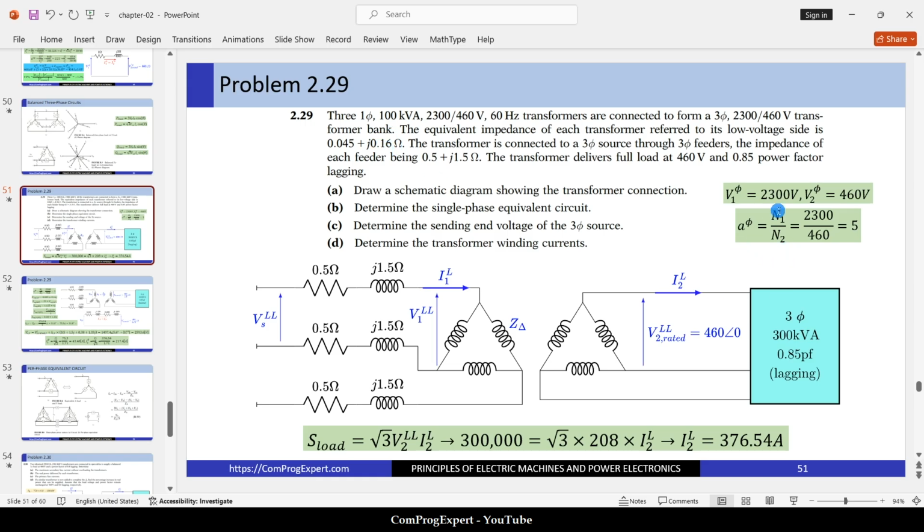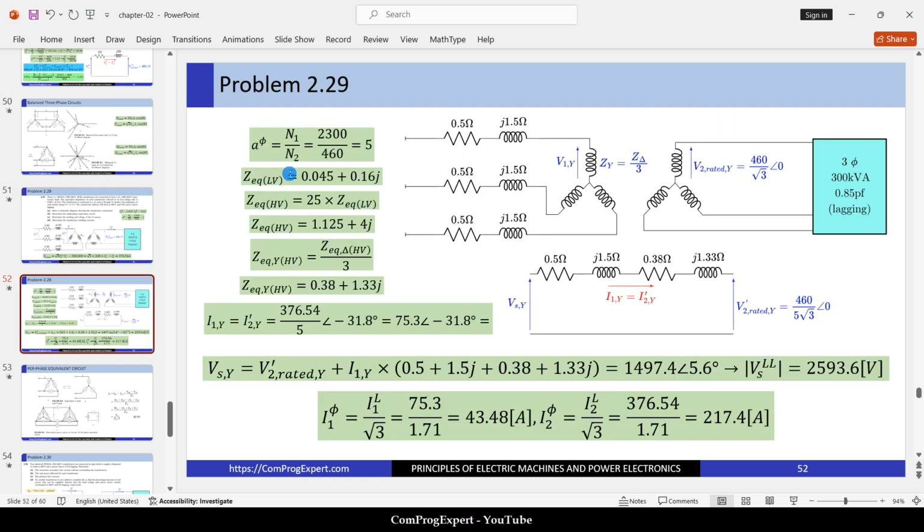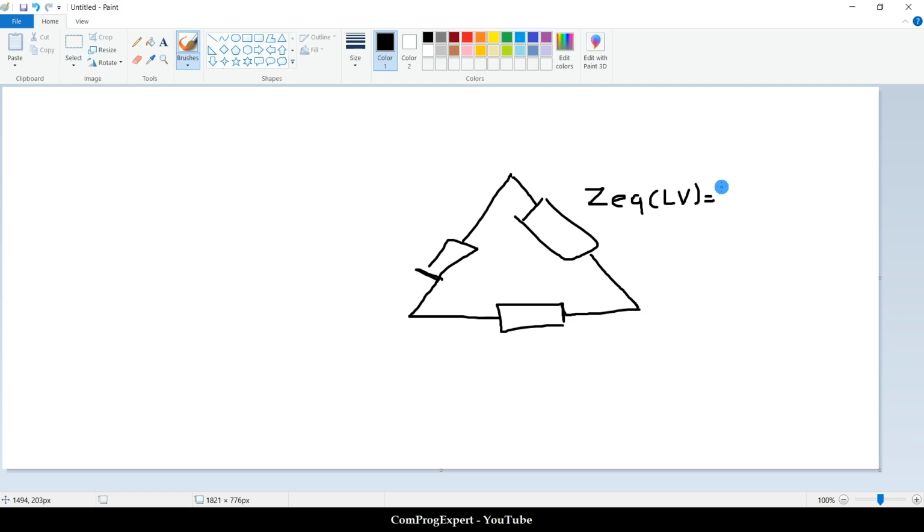This is the turns ratio for the single-phase transformers that we have, 2300 divided by 465, which is about 5, so the square is about 25. What is the value of Z equivalent for the high voltage? It is 25 times Z equivalent for the low voltage.